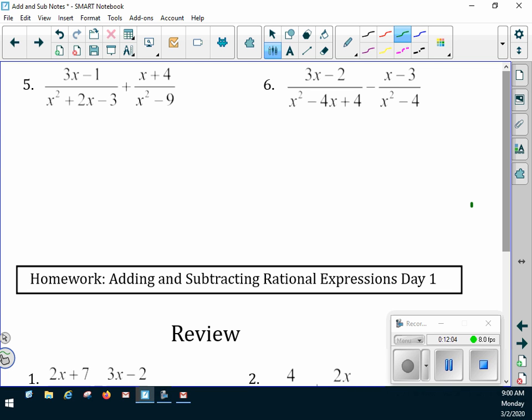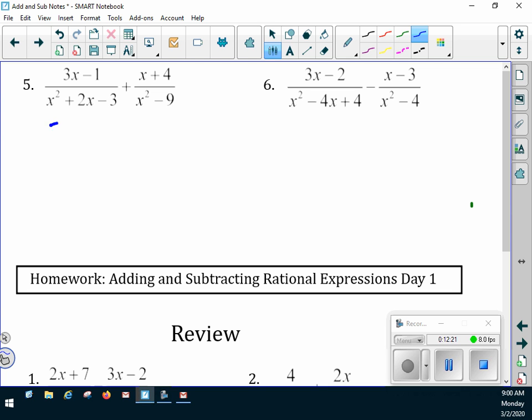Okay? So number 5. If we're trying to add fractions, what do we have to have? Common denominator. What's the first denominator? Can we factor it?